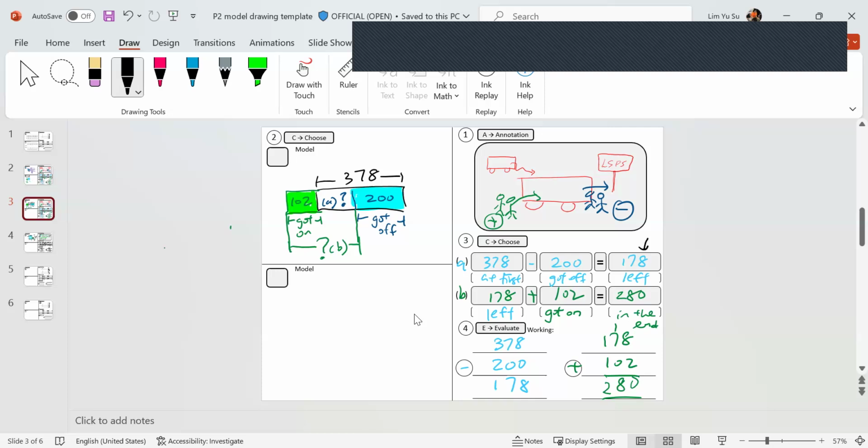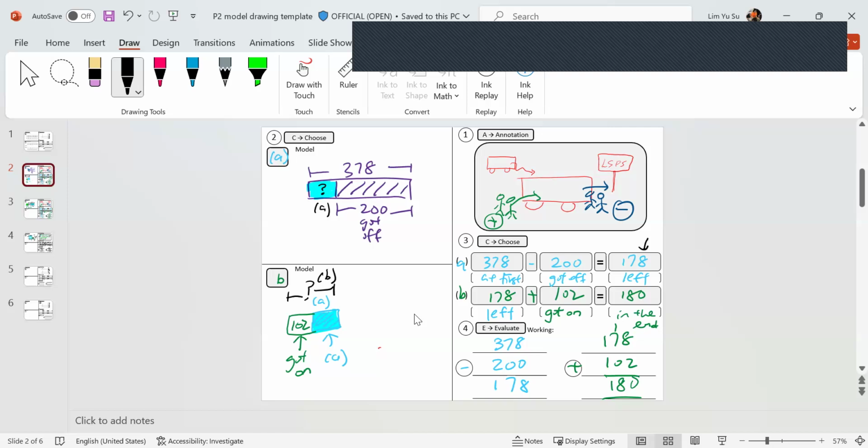I have two equations, two workings, but I set up on the model. I draw one model, but there are two question marks here. This is the expanded one. I have two models, one for part A, one for part B. But two equations, two workings. Okay?